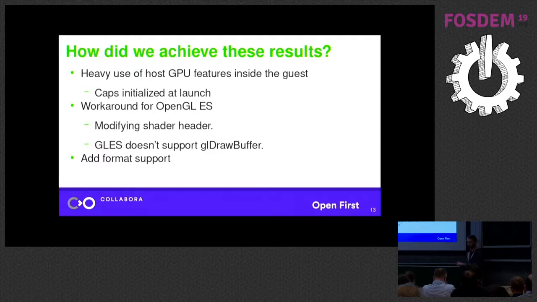For example, OpenGL ES doesn't support GL_BACK buffer, but it supports GL_BACK buffers with S. And we can just say use only one buffer, so it's the same as using GL_BACK buffer. Also, we need to add some formats. For example, 10-bit formats were just made available right now. The pull request was last month.